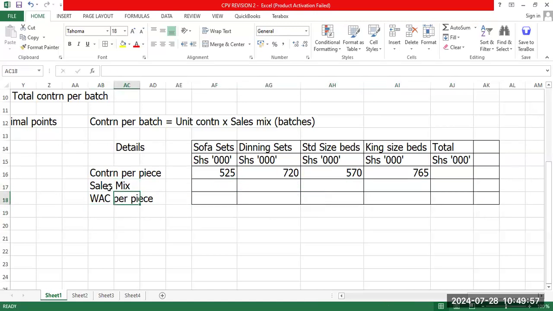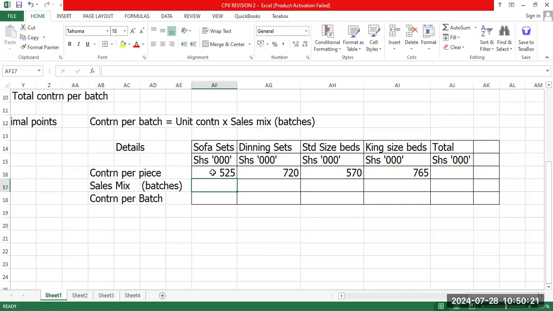Here we leave our sales mix in batches. Then what we get here is contribution per batch.